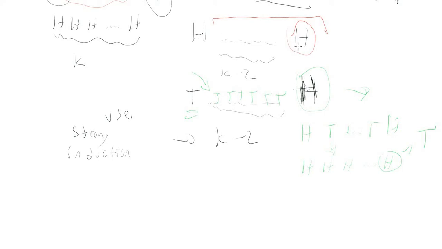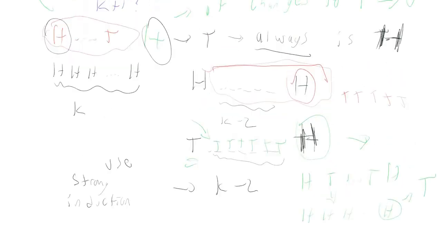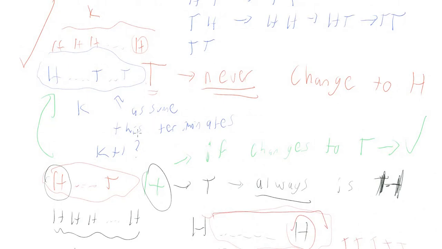So assuming we always have this H here, this first H will never turn into a T. But again, this is a subsequence here. So by the inductive hypothesis, we know that eventually all of this will become all T's. Then we're back to the first case, which we know terminates by the inductive hypothesis. So we've covered all the cases, and we are done with part A.